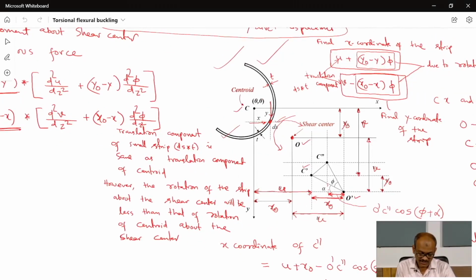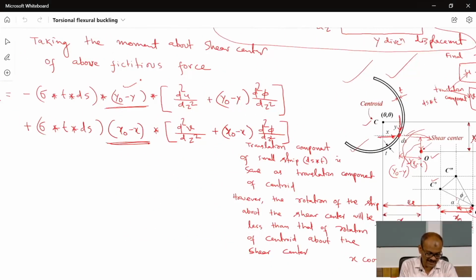Here you see, the force in the x direction will be multiplied with this distance, so this distance is y naught minus y, and the force in the direction of y is to be multiplied with this value, x naught minus x. So, that has been multiplied here.